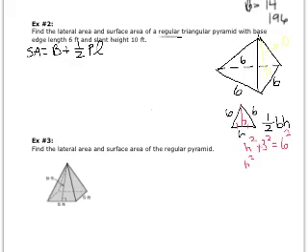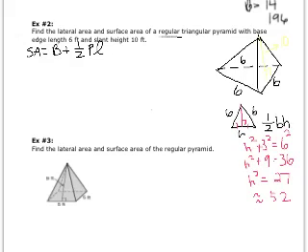Let's continue. h squared plus 9 is 36. When I take away 9 from both sides, I get 27. And then when I take the square root, I get approximately, let's call that, 5.2.